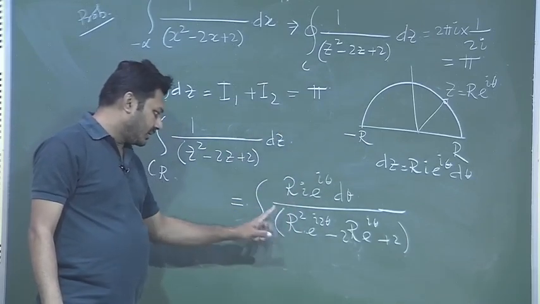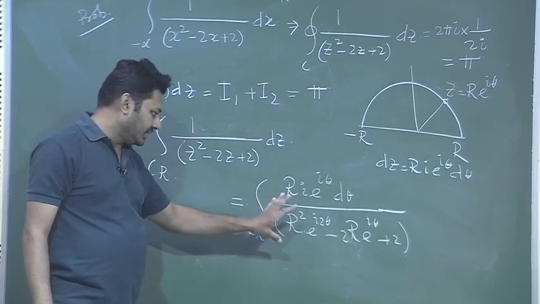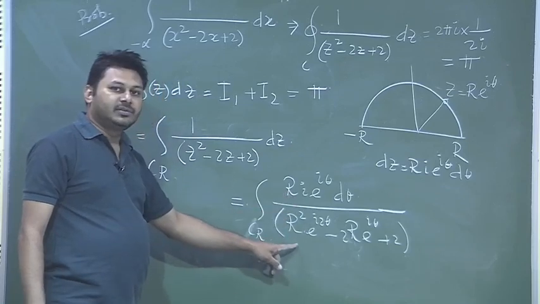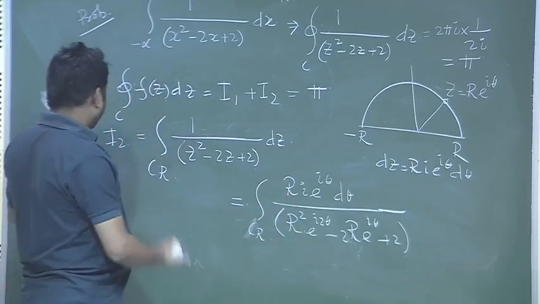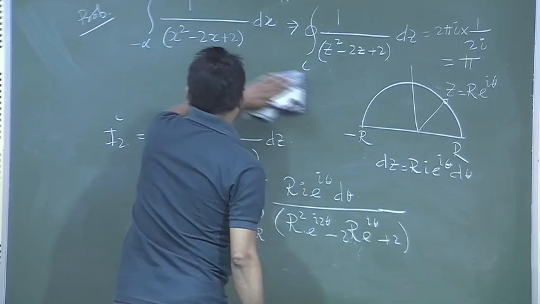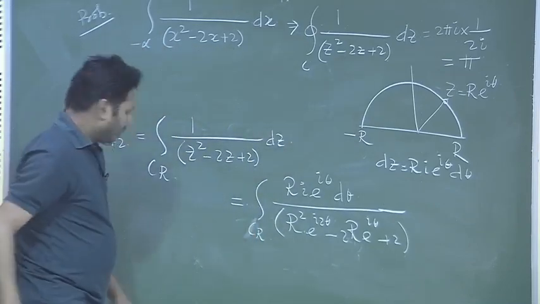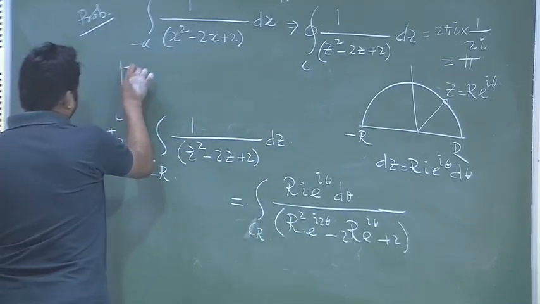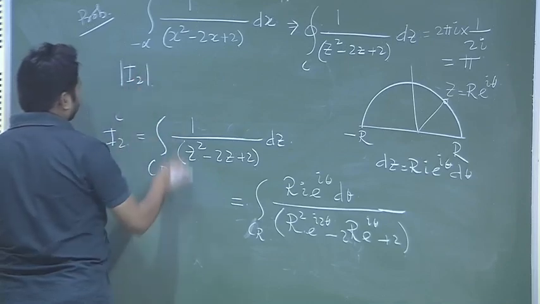Now, I am not going to do the entire integration over that, but I am just looking at what the form of the integration will be when r tends to infinity. In order to do that, I can simplify one thing: I take the mod of both sides.